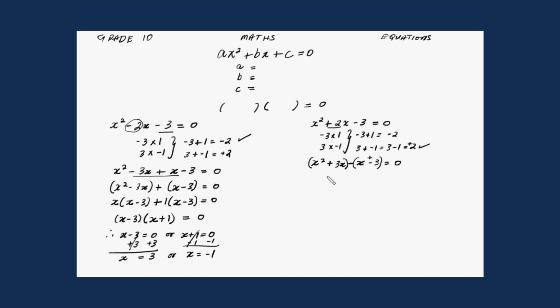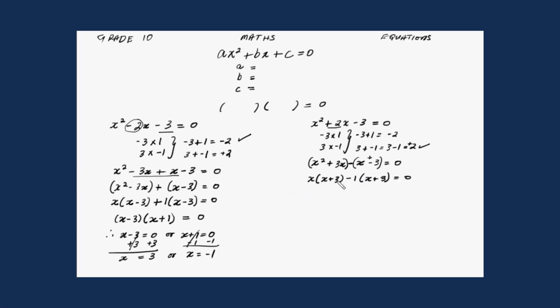All right, so then we factorize this bracket. There is a common factor here, which is x, bracket x plus 3 bracket. Here the common factor is 1, we will say negative 1, bracket x plus 3 is equal to 0.